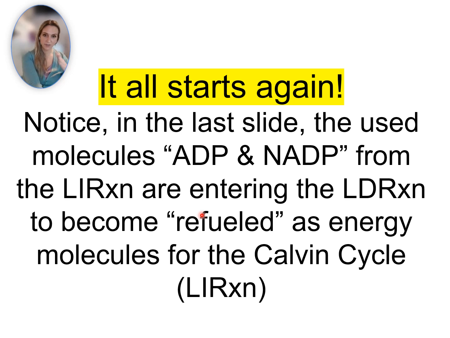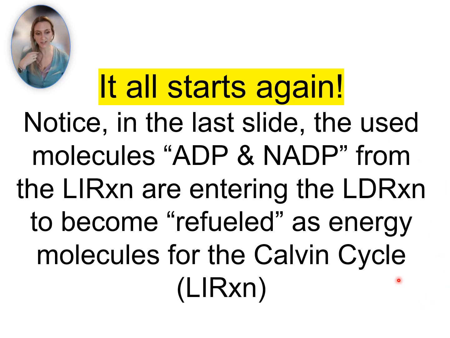So again, notice in the last slide, ADP and NADP. Adenosine diphosphate is missing its energy molecule, that last phosphate, making it a triphosphate. It's missing that, it was used. And NADP, with no electron and no hydrogen on there from the light independent reaction, are now going to enter the light dependent reaction again to be refueled as energy molecules for the Calvin cycle.